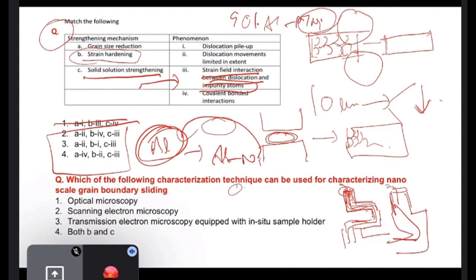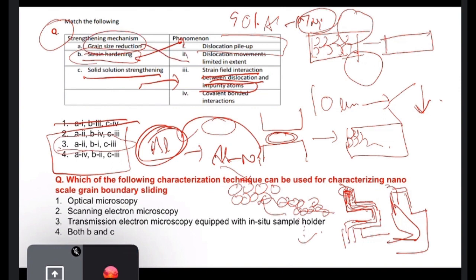Suppose we have a group of atoms like this, and strain is applied, and atoms get dislocated from their initial position, and in this way the dislocations are piled up. It is B1. And which option is correct then? I'm left with only this third option. A belongs to dislocation movements limited extent. C.